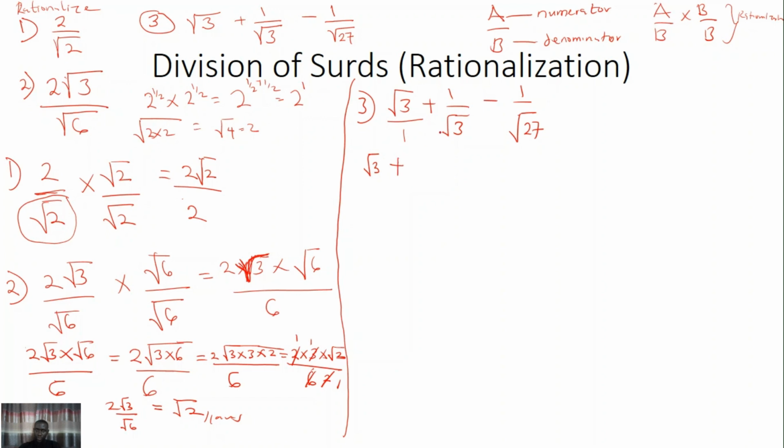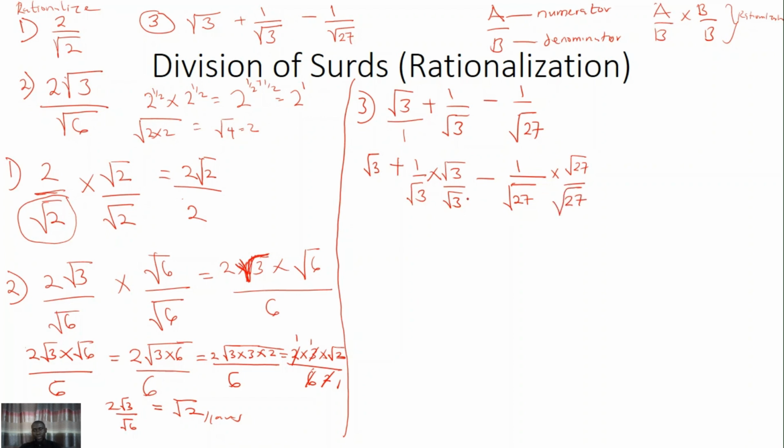Plus 1 over root 3 multiplied by the denominator, root 3, all over root 3, minus 1 all over root 27 multiplied by root 27 over root 27.